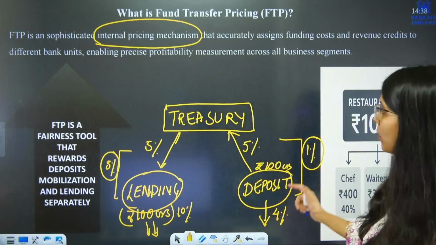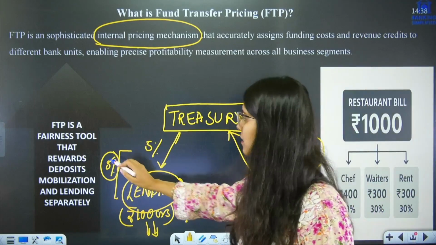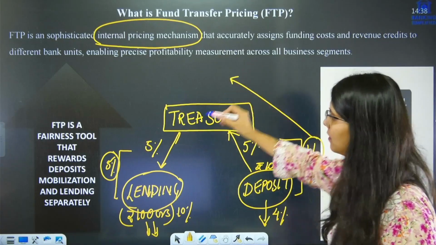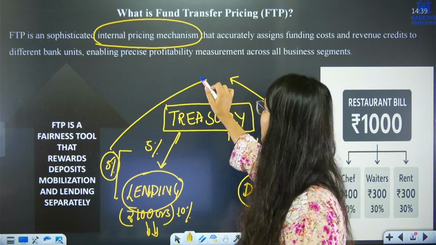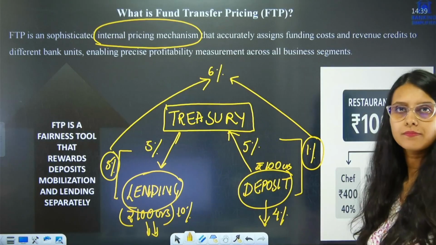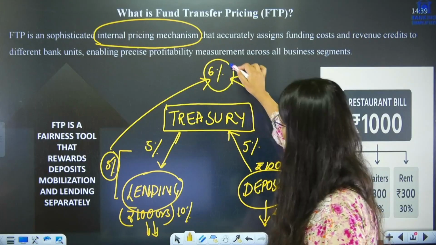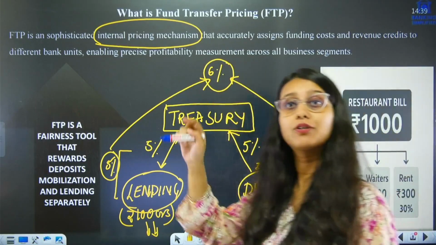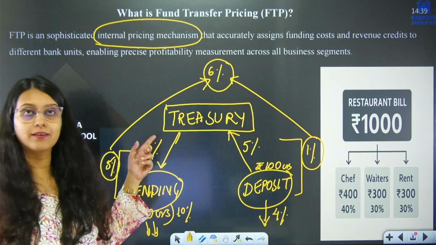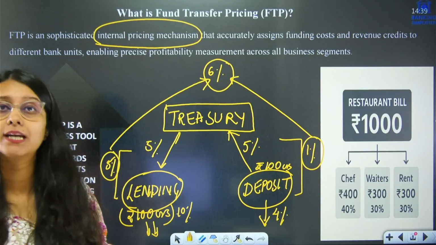Now what is the total earning of the bank? 5% here, 1% here. What is the total earning of the bank? 6%. So this 6% is actually the total income for the bank. And what has FTP done?